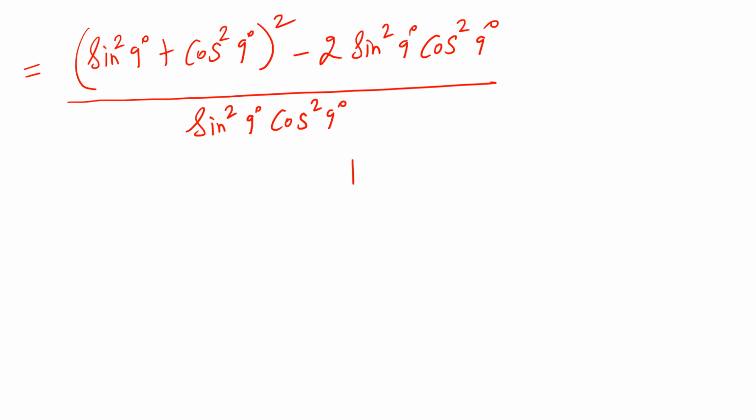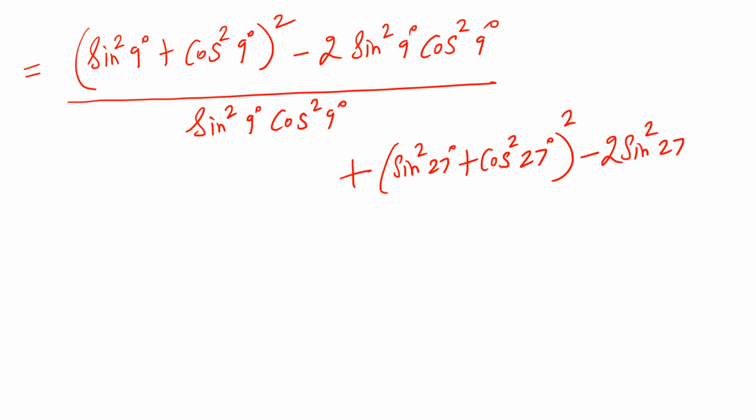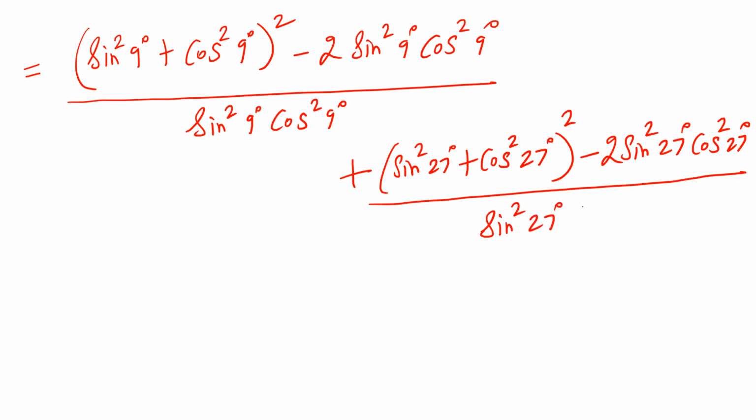And then we have plus sine square 27 degree plus cos square 27 degree whole square minus 2 into sine square 27 degree into cos square 27 degree whole divided upon sine square 27 degree into cos square 27 degree.